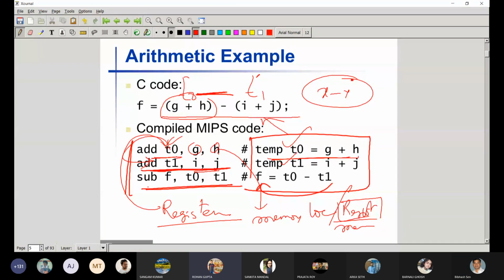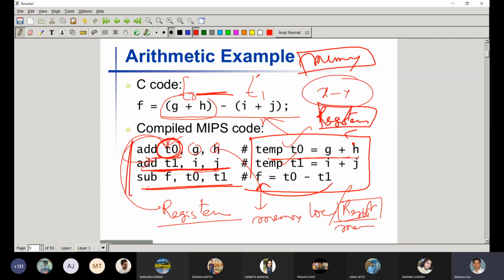If you use memory, the processor performance will be very slow, because most of the time the CPU utilizes its own registers. Remember that only for the store instruction, that means save, will memory be used.